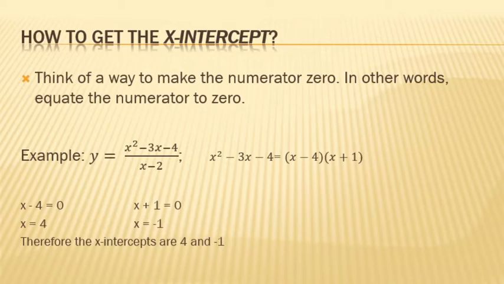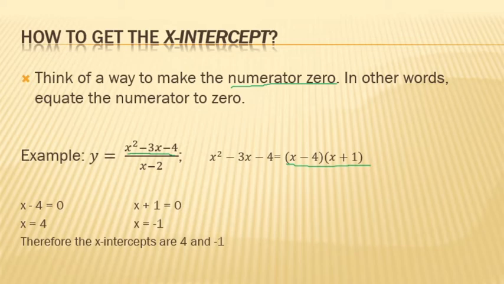So, para makuha natin yung x-intercept, think of a way to make the numerator 0. Ang titingnan naman natin ngayon yung numerator natin. Now, kung mapapansin natin, ang numerator natin ay naka-quadratic trinomial. Therefore, kailangan i-factor muna natin yan. So, pag finactor natin yan, the answer will be x minus 4 and x plus 1.